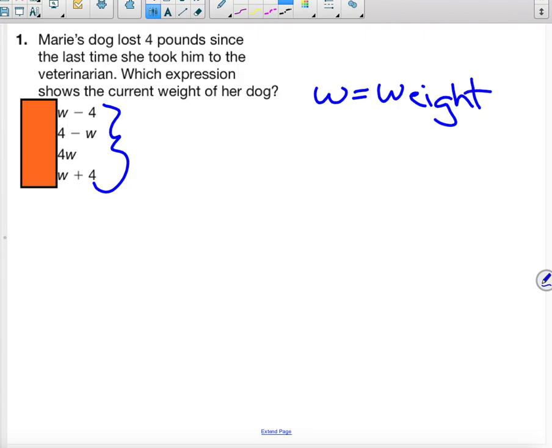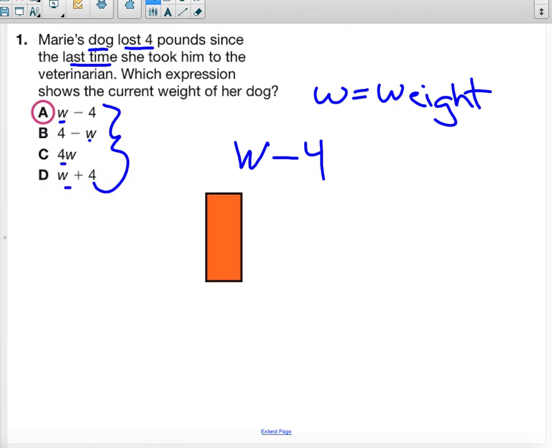We have the dog lost 4 pounds since the last time. Each of these has W in there, and we're talking about a weight that once was and then lost 4 pounds. So in this case, you would have letter A.